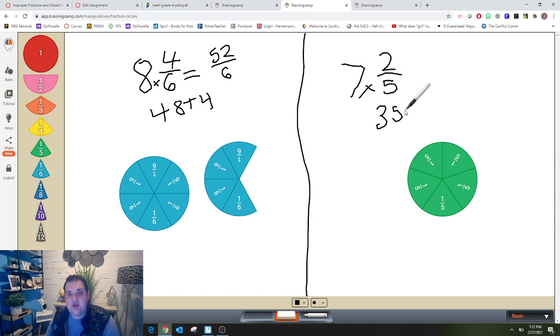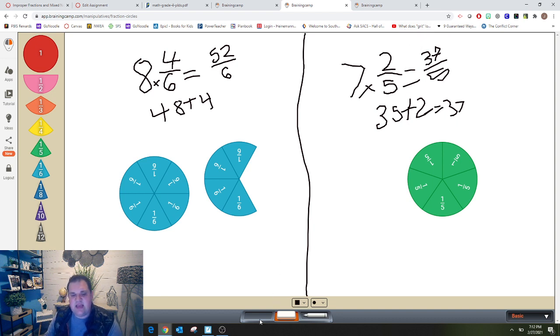Then I need 2 extra pieces, because those are the extra pieces, so I'm going to add those on. 35 plus 2 is 37. So I have 37 5th pieces, 7 and 2/5 is equal to 37. And I know it's going to be 5ths because there's 5 pieces in 1 whole, 37 5ths.